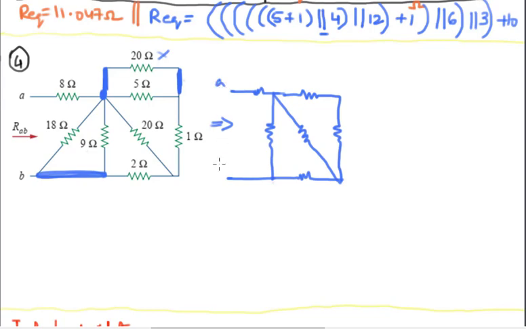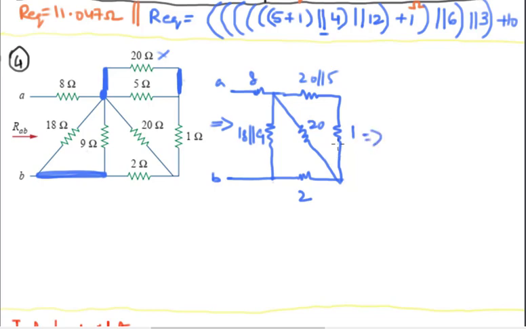So this is A and B. This is 1 ohm. This one still is 20 ohms. The bottom one is 2 ohms. This one is 8 ohms. The top one is actually 20 parallel 5, and this left one is actually 18 parallel 9. This was step number one.